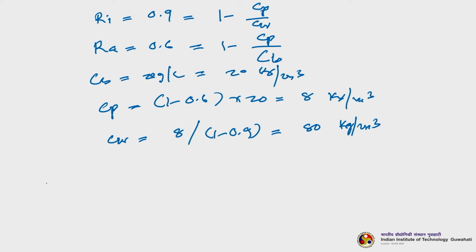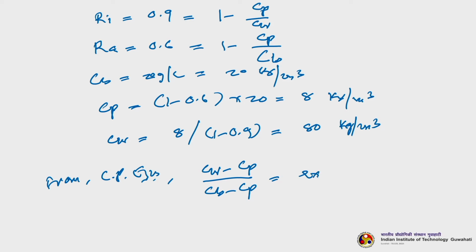From the concentration polarization equation, we know that Cw minus Cp divided by Cb minus Cp is nothing but exponential of Jw by Kl. This equation we have used twice in today's problem. So, we can calculate the mass transfer coefficient from this equation.